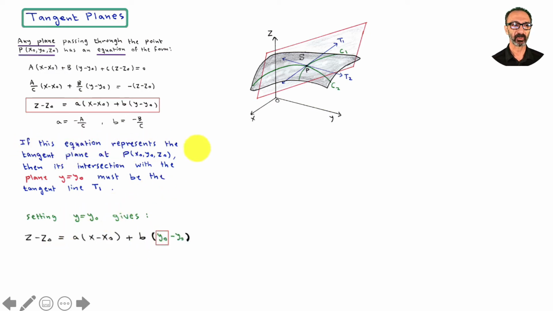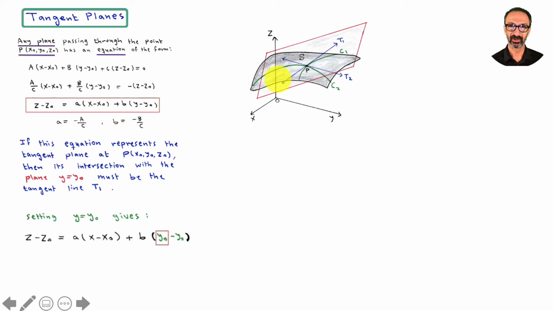If this equation represents the tangent plane at the given point, then the intersection with the plane y equals y sub 0 will be the tangent line.